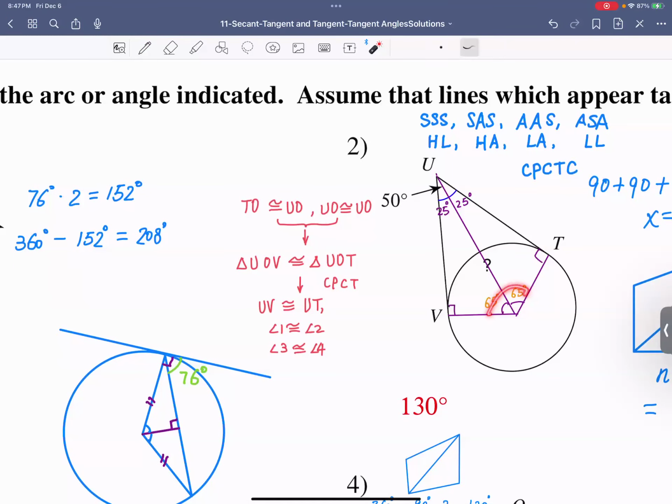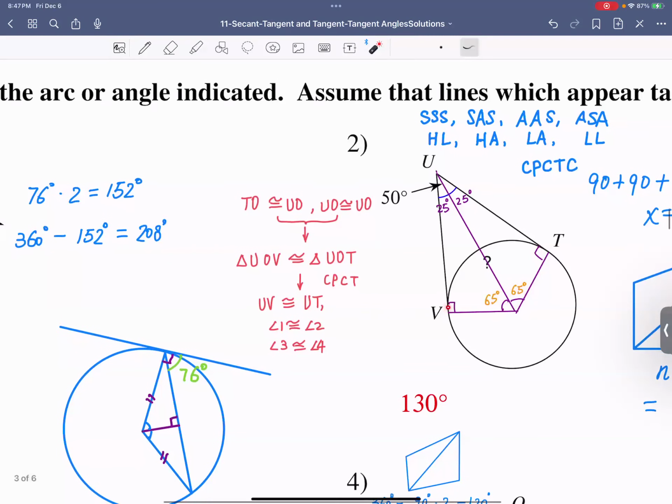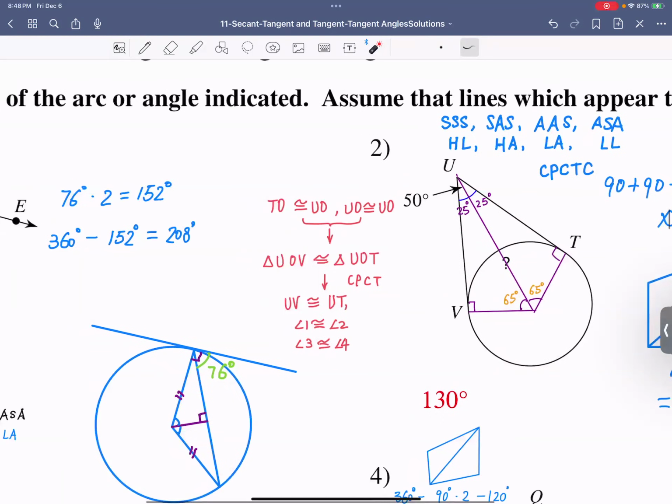We can also do this fast track. 90, 90. As a quadrilateral, the angle summation is 360, so this is 180. So these two have to be 180, and you can do this one by 180 minus 50, which is 130. In that way, we can do it way faster.